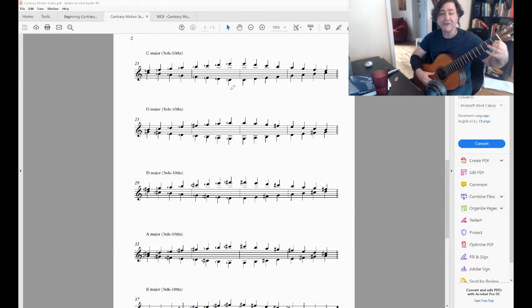So now we start with thirds, C major, and we keep thinking about the scales down. Down. G major.